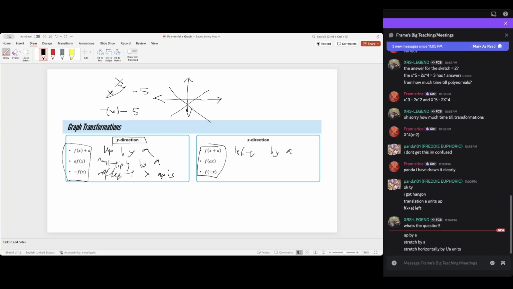So minus x is reflection in the y-axis. Yep, I think you can see that.